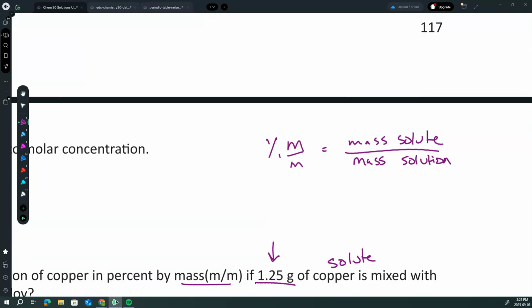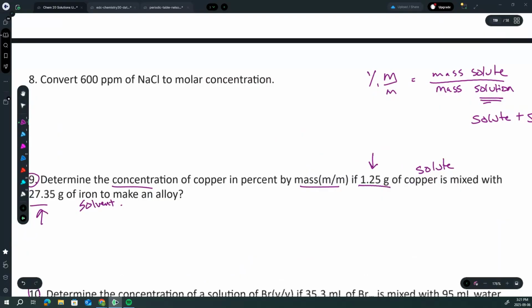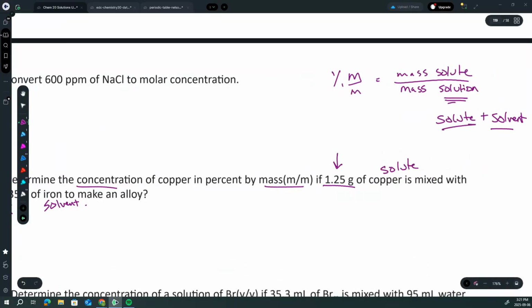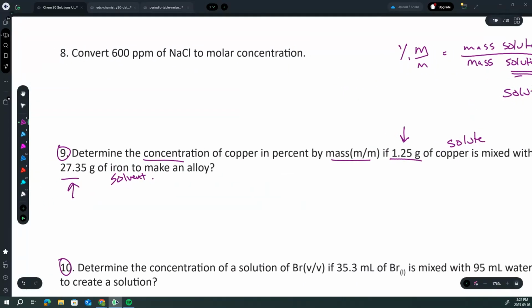As a reminder, solution is a different concept than solvent. Solution is solute plus solvent. So you can't just put 27.35 in the denominator. You have to add your solute and your solvent together to first figure out your mass of your solution. So let's do that.